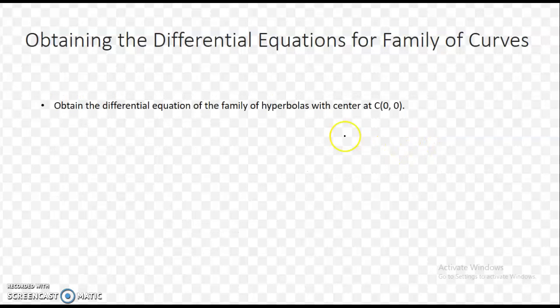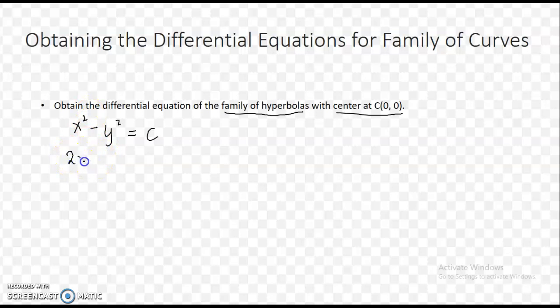Then, for the third example, obtain the differential equation of the family of hyperbolas with center at the origin. Center at 0, 0. Therefore, let us use the equation x squared minus y squared equal to c. We have only one arbitrary constant, which is c.